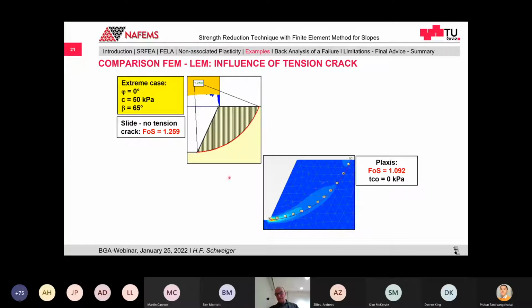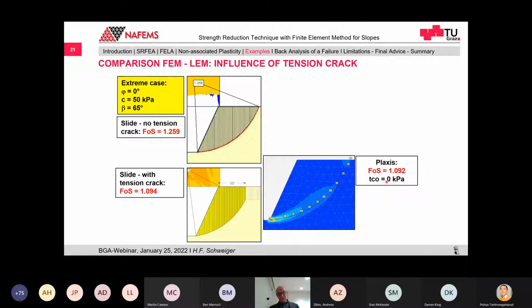Now what happened? In that case, you develop a tension crack here. Now in the finite element analysis, of course, this is automatically taken into account if you put the tensile strength to 0. You can introduce a tension crack in limit equilibrium as well.